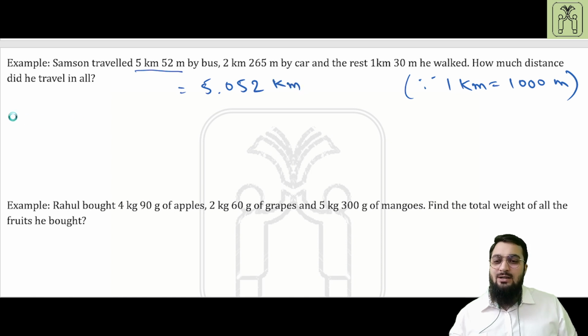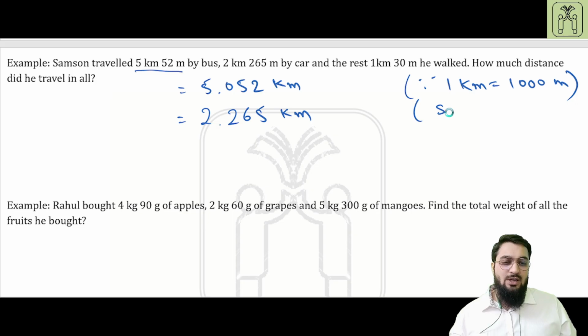Then you will write we know Samson traveled by car 2 kilometer 265 meter. Then you will write is equal to 2.265 kilometer, and then again you will write same as above.